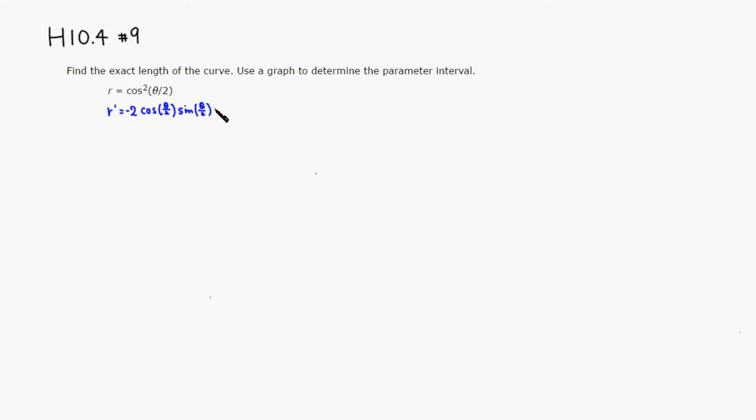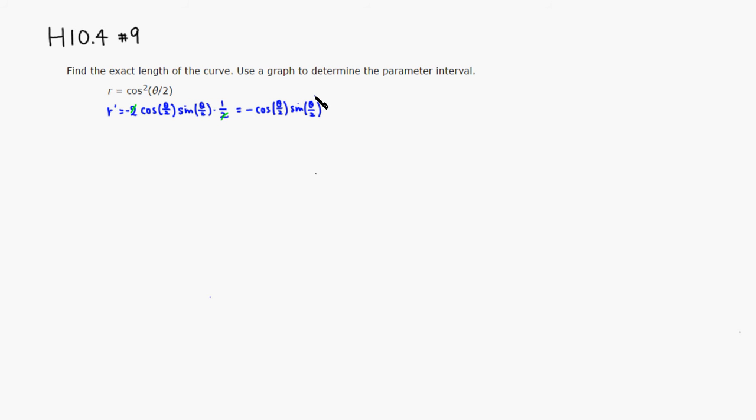Then another chain rule, multiply by the derivative of theta over 2, which is 1/2. Then we can cancel a 2 on top and a 2 on the bottom. So this is going to be simply negative cosine of theta over 2 times sine of theta over 2.